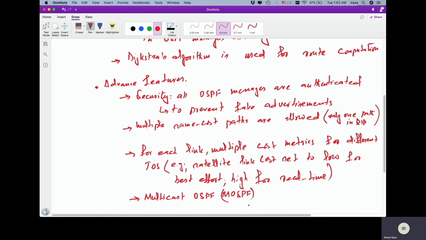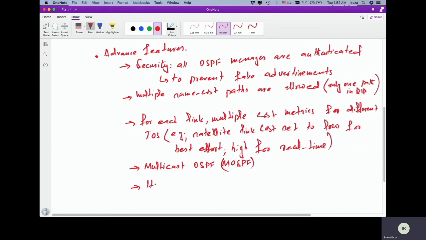Okay, and most importantly, it also provides hierarchical Open Shortest Path First in large domains where the number of routers is large. In order to make it scalable to some extent, we have this hierarchical OSPF.